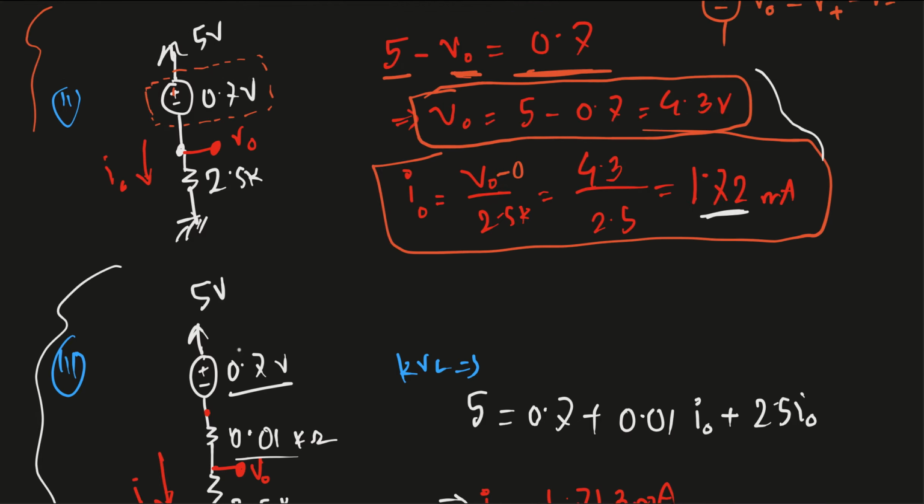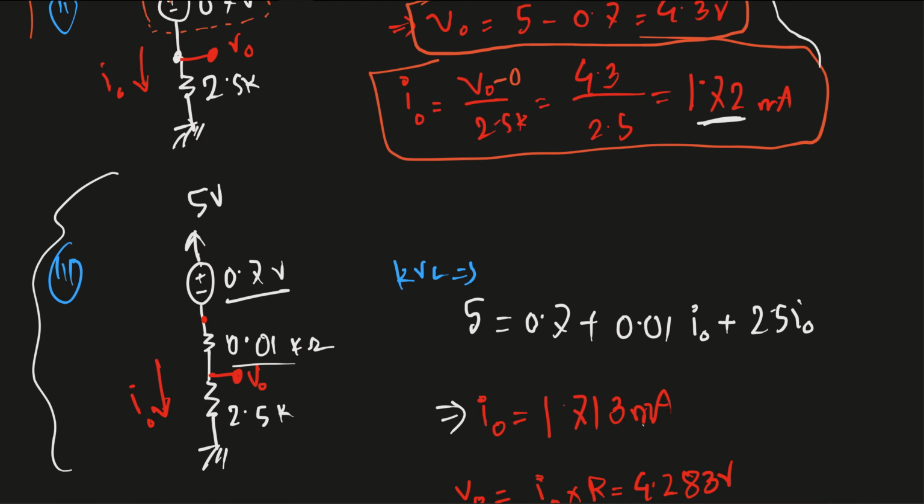Now we cannot simply find V naught from this circuit. We cannot write 5 minus V naught is equal to 0.7 because there is a resistance. What we have to do is use KVL, Kirchhoff's voltage law, to first find I naught.